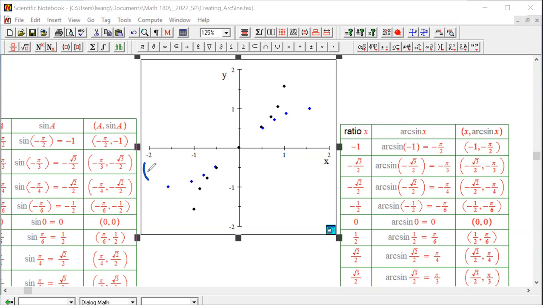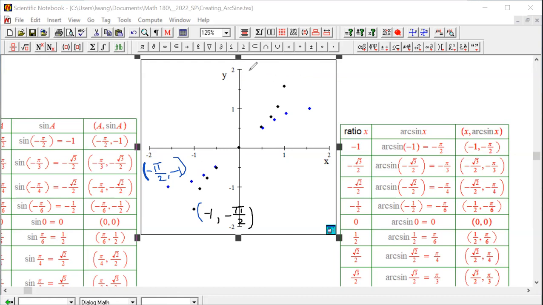So this is negative pi over 2, comma, -1. And this dot is in black, which is -1, negative pi over 2. So these two points, on this side, on the black is the inverse function, arcsine.